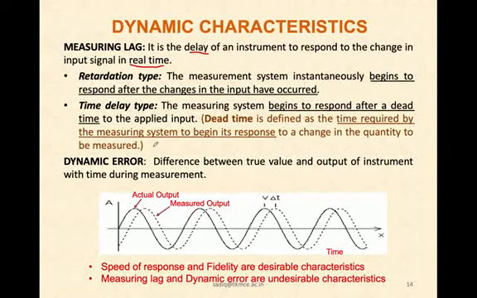Another term is dynamic error. It is the difference between the true value of the parameter and the output given by the instrument with time during the measurement process itself. I will give an example. You might have done force measurement in a lathe, cutting force measurement, using a dynamometer to measure the force.